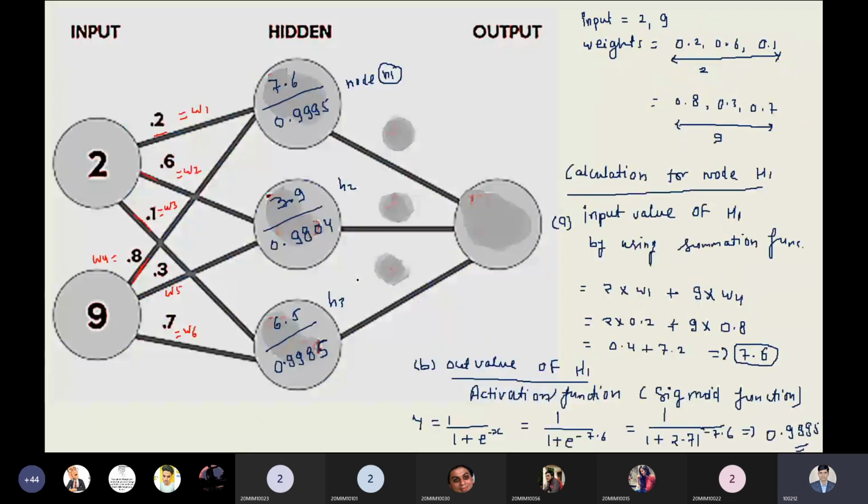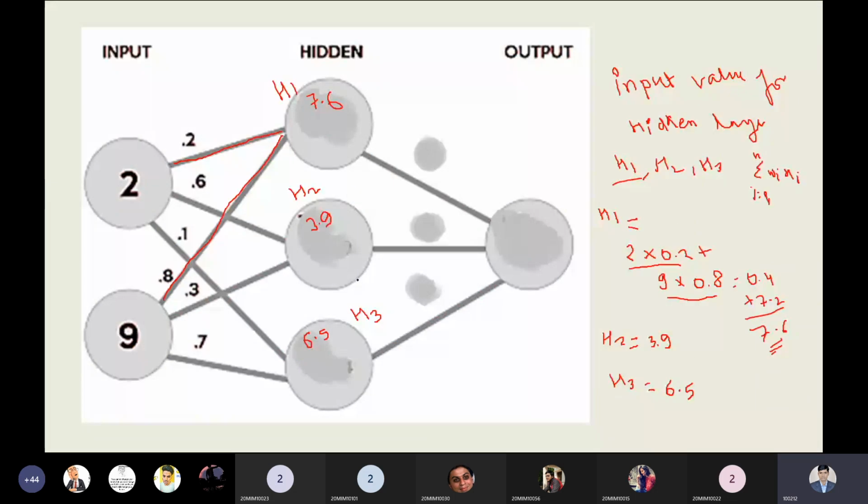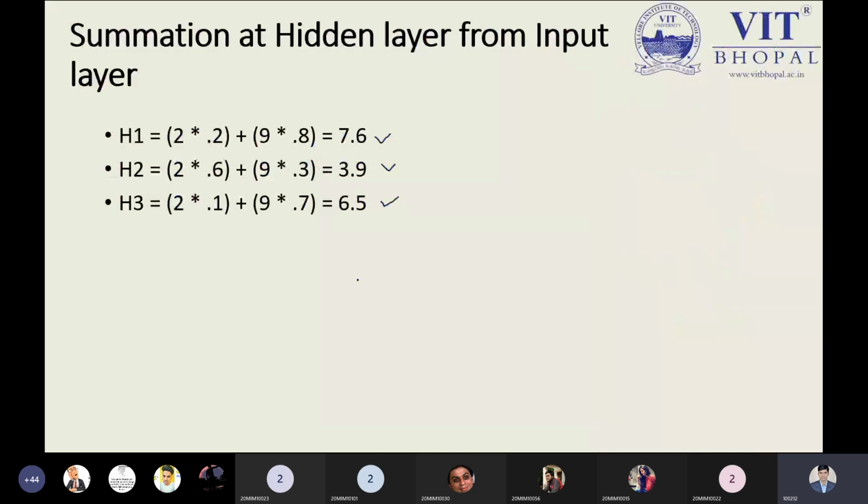As you told me the answer, we are getting the same answer, no issue. So for the hidden layer, we have input values 7.6, 3.9 and 6.5. Anyone who is not getting this, use this calculation and he or she can easily understand.